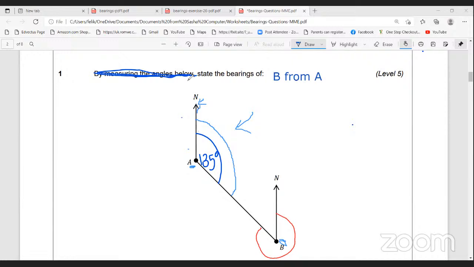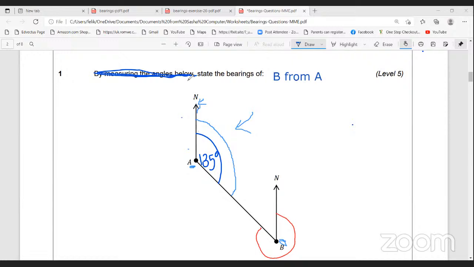So every time you get a bearing to find, you say this is from B to A or A to B. We know we're focusing on the line AB or BA, whatever it is. The next thing is to put in our north line.